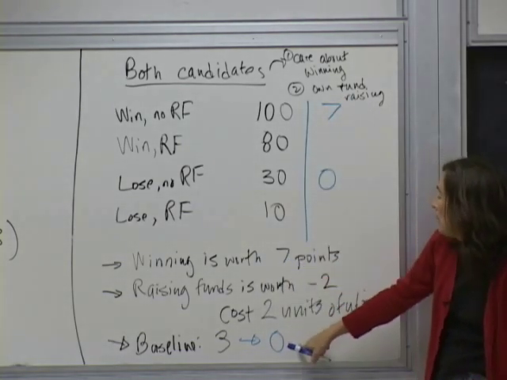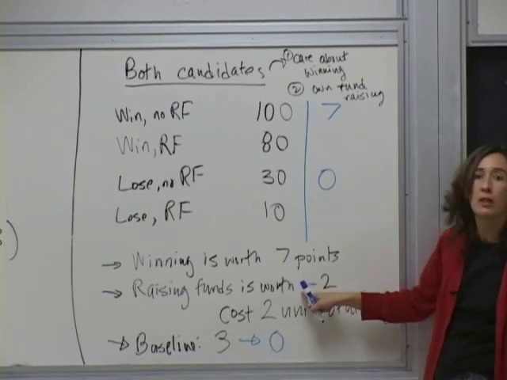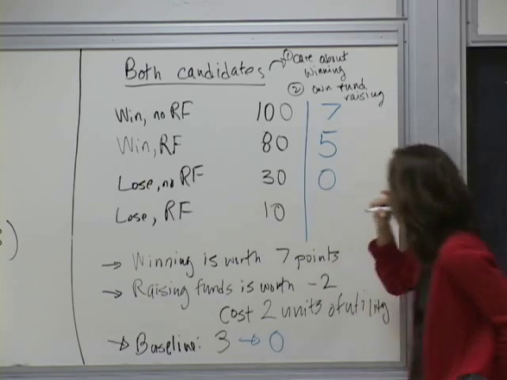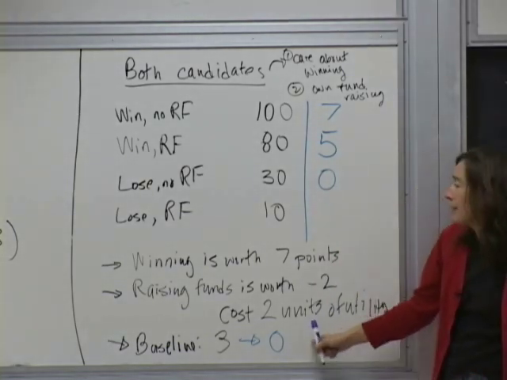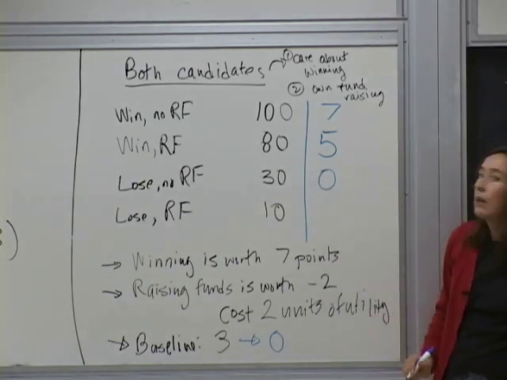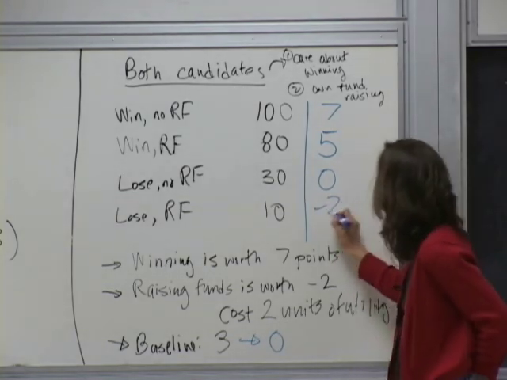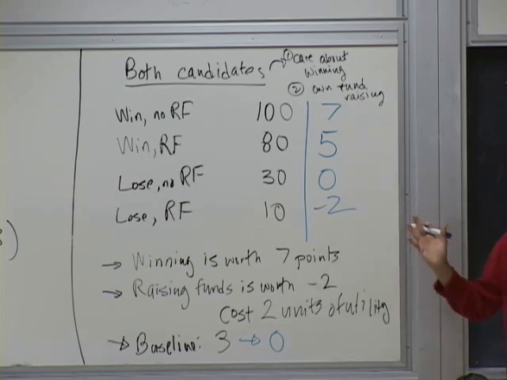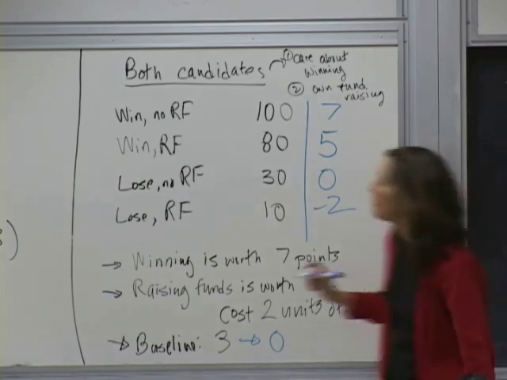If going from this baseline of 0, I win, but I have to raise funds, what's my payoff? 5, okay? If going from this baseline, I raise funds and I lose, what do I get? -2, okay? So all fine. This is actually a good example because one thing it illustrates is that there's nothing special about negative numbers. Just treat them the same.